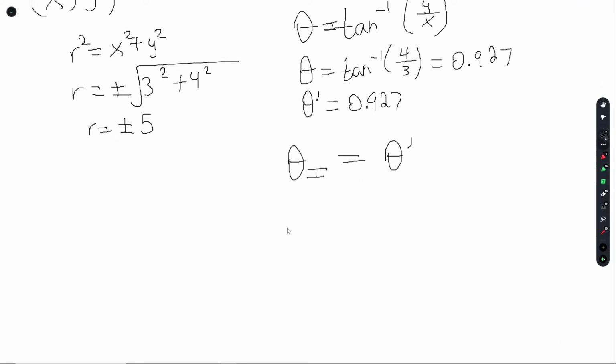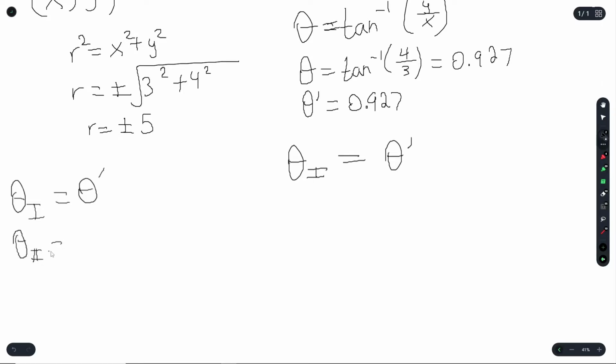Okay, I'll just write the formulas for theta prime for each quadrant. For quadrant 1, the theta of quadrant 1 just equals theta prime. For quadrant 2, it's equal to 180 minus theta prime, or if it's in radian, it's pi minus theta prime.